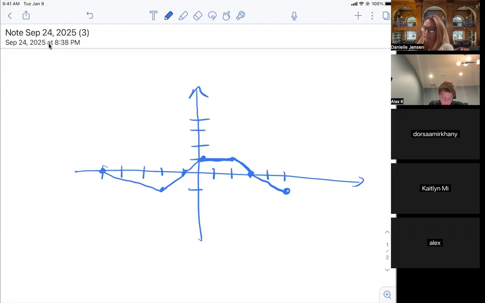Oh boy, how do I want to do this? Whenever I make these on the fly, sometimes they're not going to be pretty. So forgive me if it doesn't work out beautifully, but I'll do my best here.